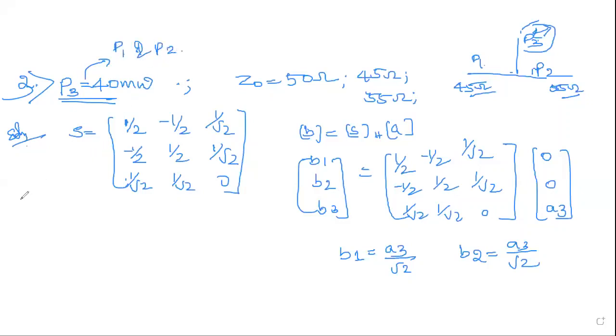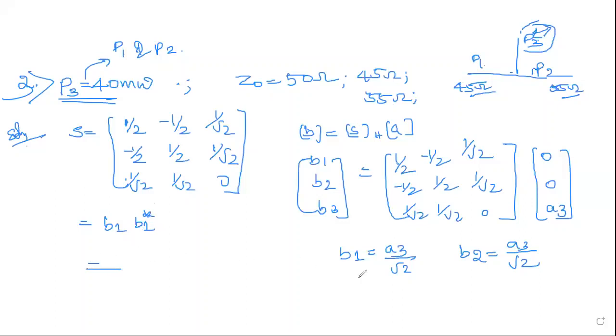So power going into port 1 and port 2 is nothing but B1 into B1 complex conjugate. If you consider one particular port, the same will apply for port 2. So I'll consider the first port, B1 and B1 complex conjugate.